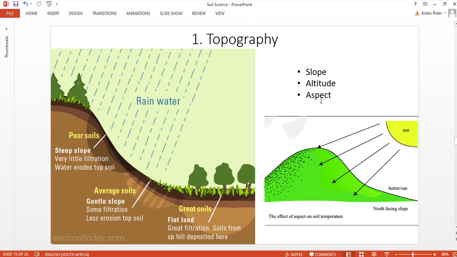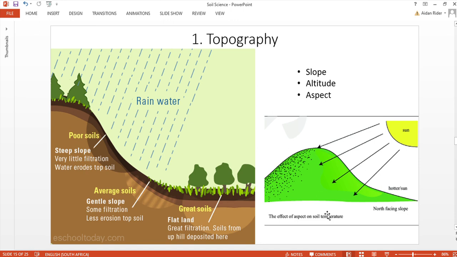And thirdly is the aspect. The aspect has to do with which area of the slope is exposed to the sun. So in South Africa, in the southern hemisphere, the north-facing slope gets more sunlight than the south-facing slope. So what this means is that more evaporation takes place from the north-facing slopes, and this means less runoff of water from the north-facing slope.